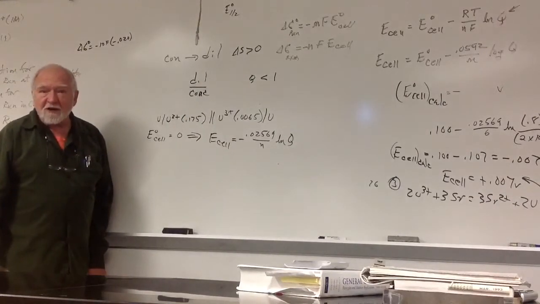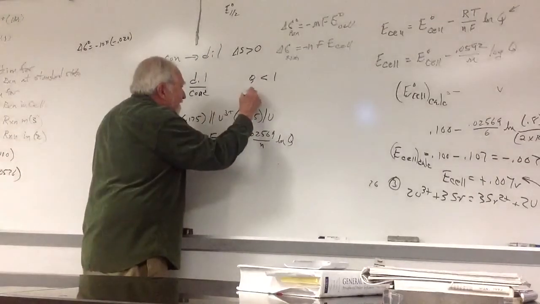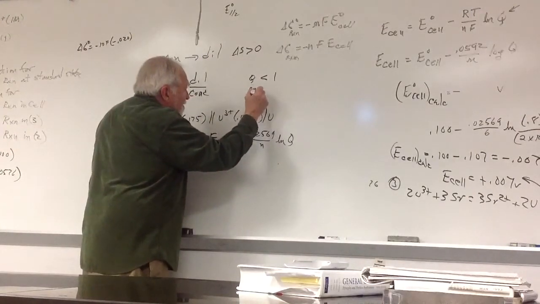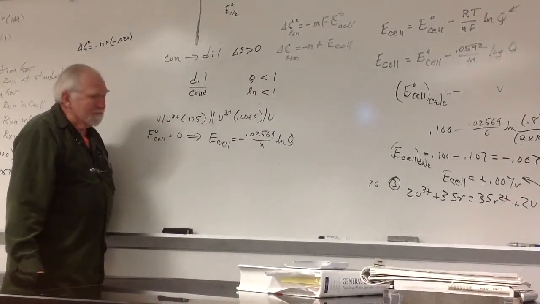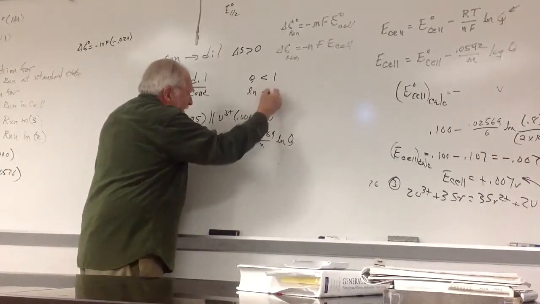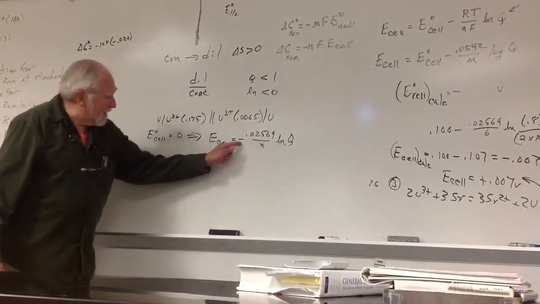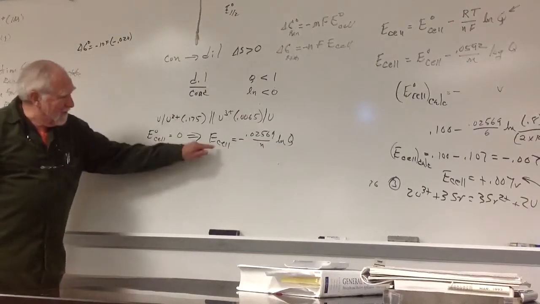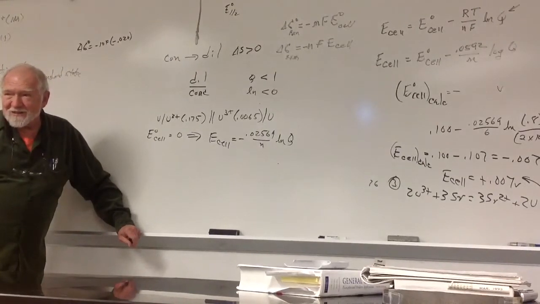That means the log of that is a negative number, less than 0. Less than 1 is the same thing. In other words, you get a negative number. Then a negative number and a negative number give you positive E cell. That's the spontaneous reaction.